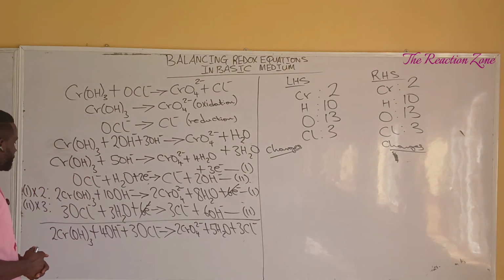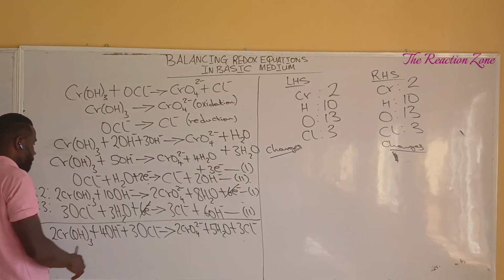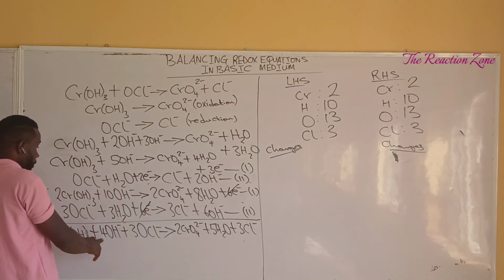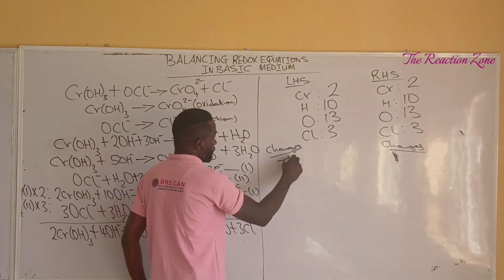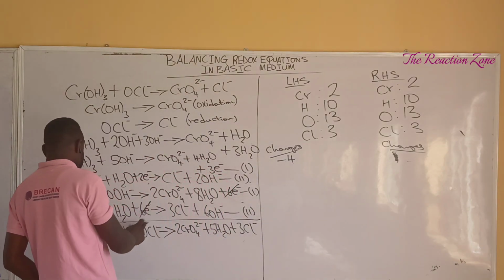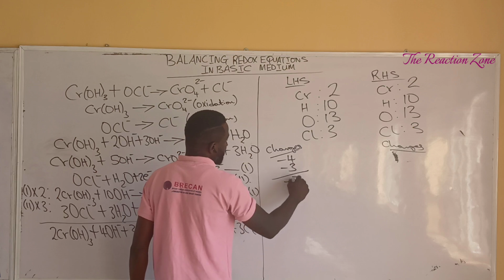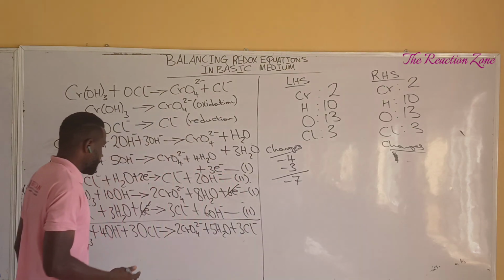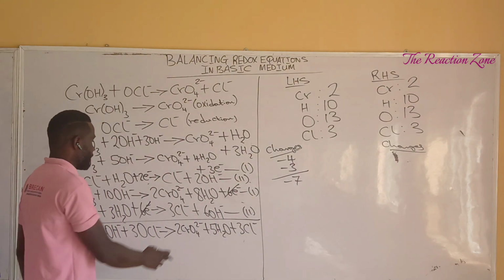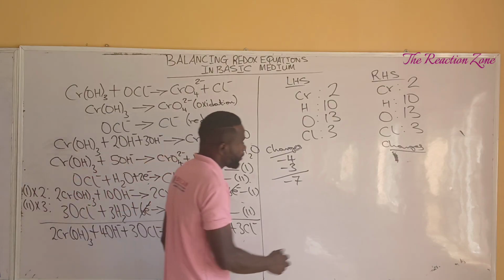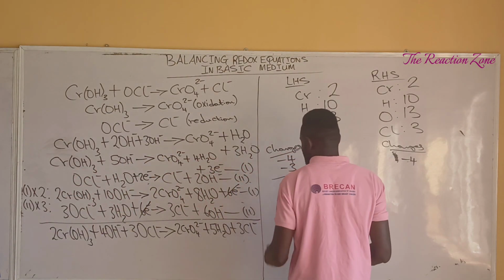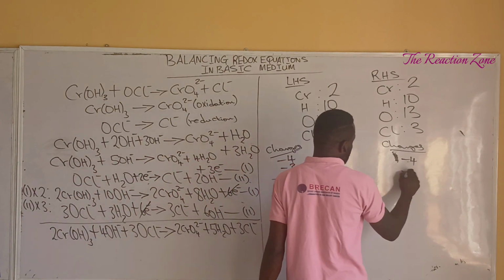So the next thing is to check if the charges on both sides are equal. Here we have the charge of minus 1 times 4, which will give us minus 4. We also have minus 1 times 3, which will give minus 3. So the net charge on the left hand side is minus 7. And then on the right hand side, minus 2 times 2 is minus 4, and minus 1 times 3 is minus 3.